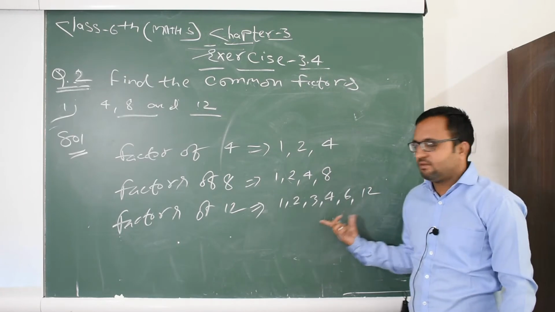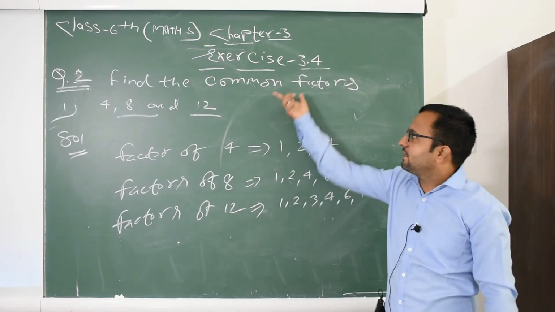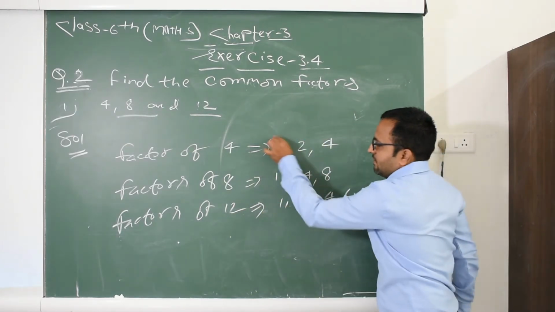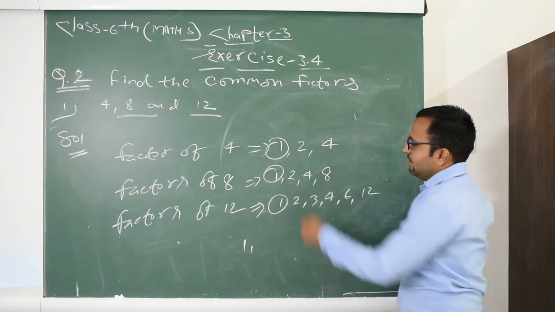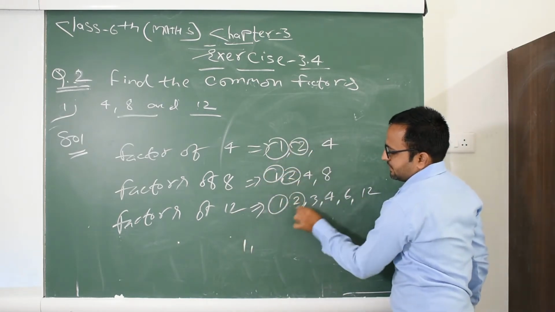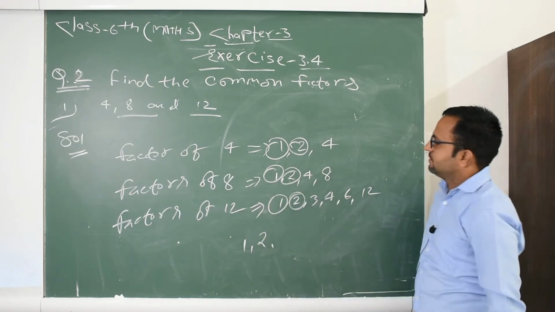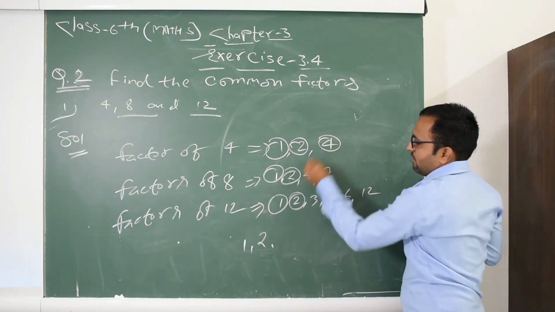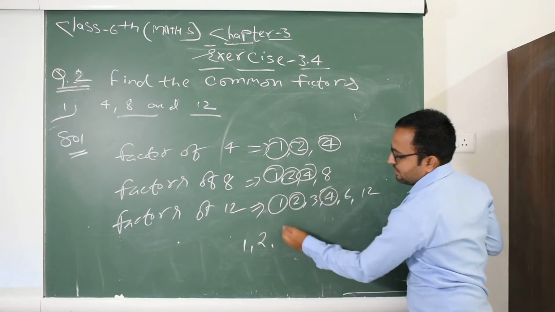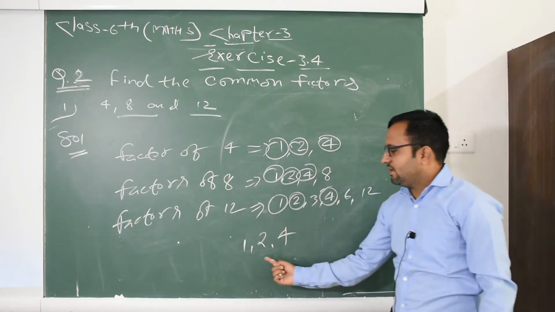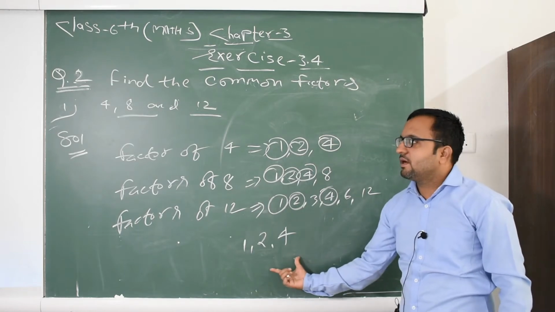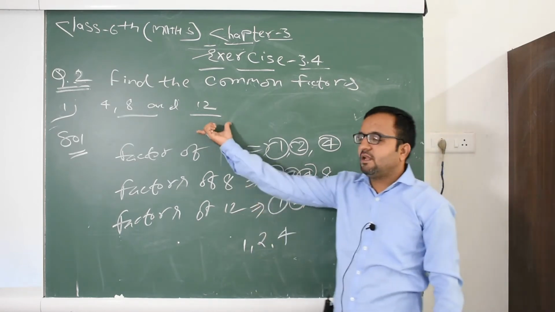Now we find the common factors: 1, 2 and 4. Now your answer will be 1, 2 and 4 will be the common factors of the particular numbers.